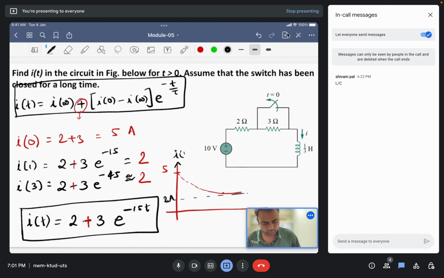The curve for this inductor will look like this, decaying from 5 ampere to 2 ampere under steady state conditions.